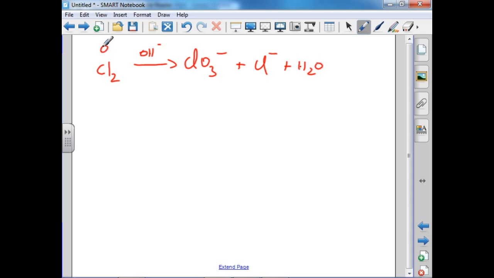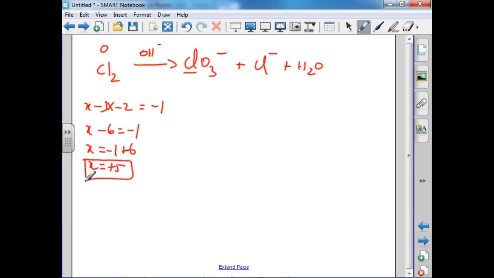Now calculate for ClO3-: X minus 3 into 2, that is the charged species. Charge of the molecule is minus 1. X minus 6 equals minus 1. X equals minus 1 plus 6. X equals plus 5. The oxidation number of chlorine in chlorate is plus 5.